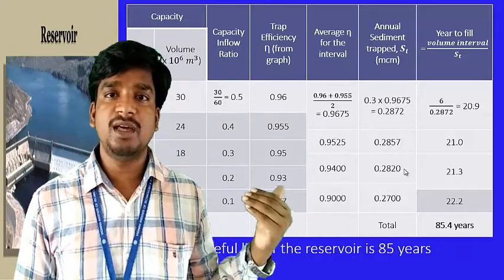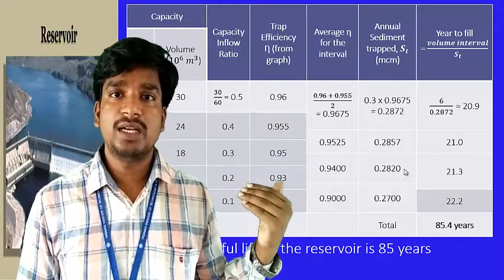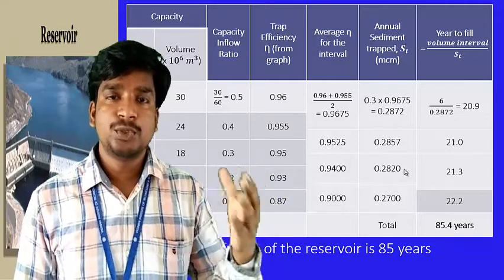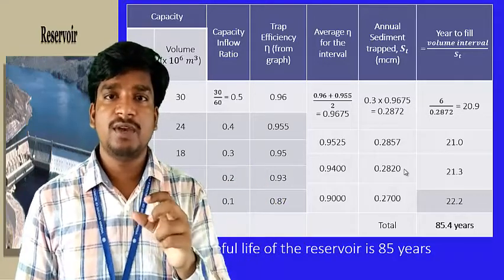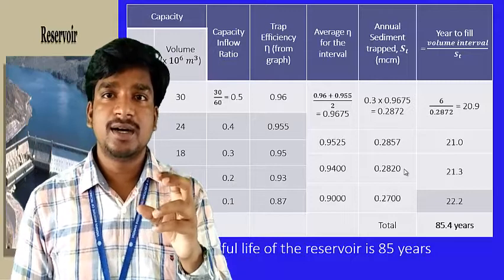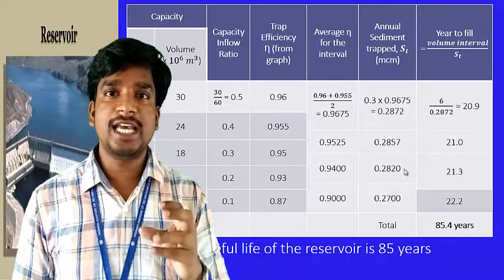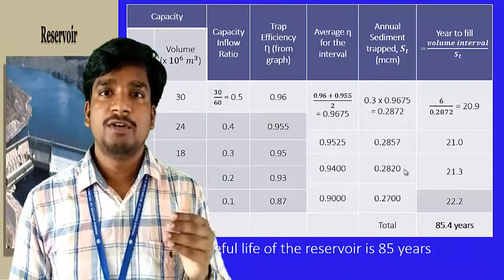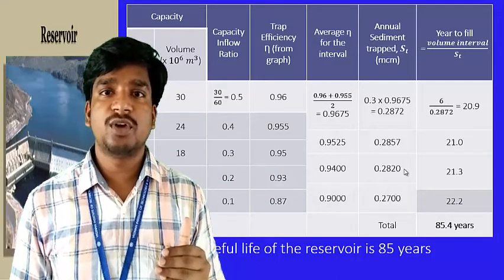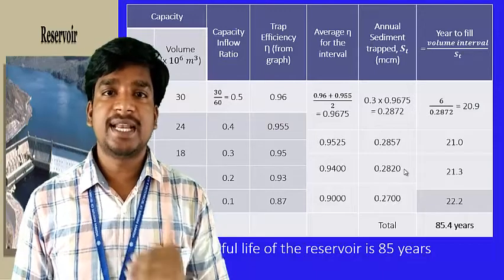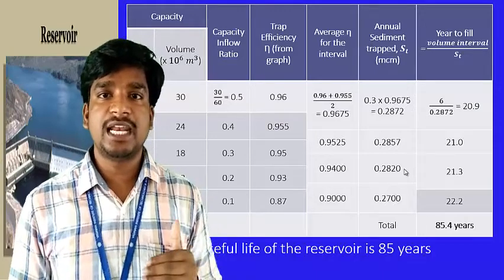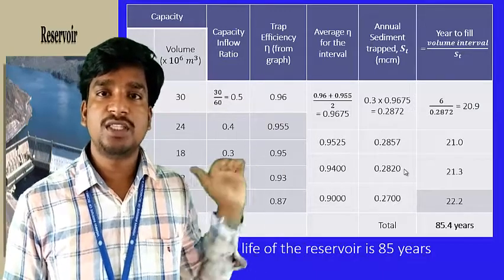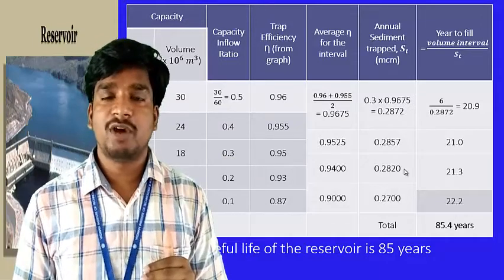For a capacity to inflow ratio of 0.5, let us assume we got the trap efficiency as 0.96. Similarly for the 0.4 capacity to inflow ratio, it is 0.955. So by referring to the curve we have got these trap efficiency values.